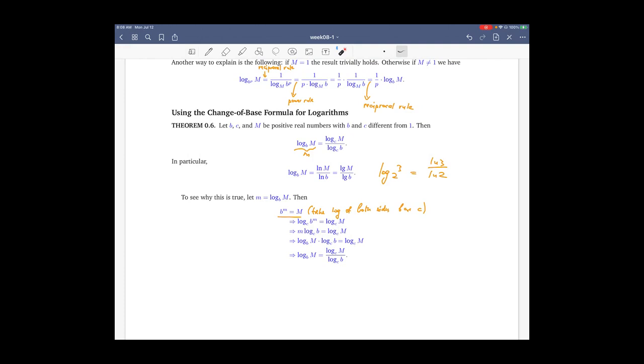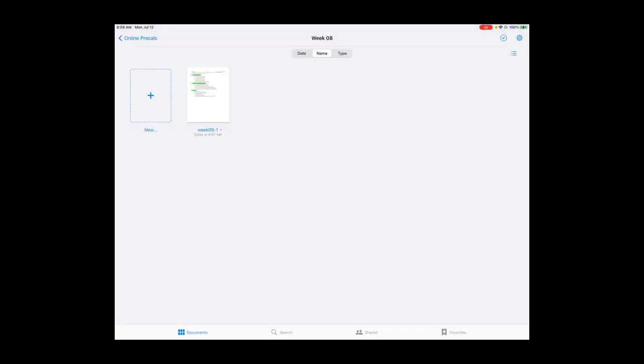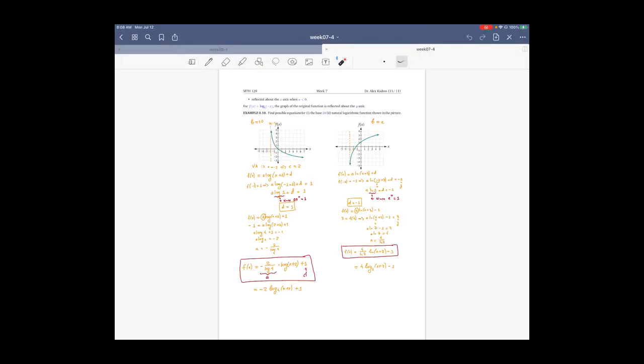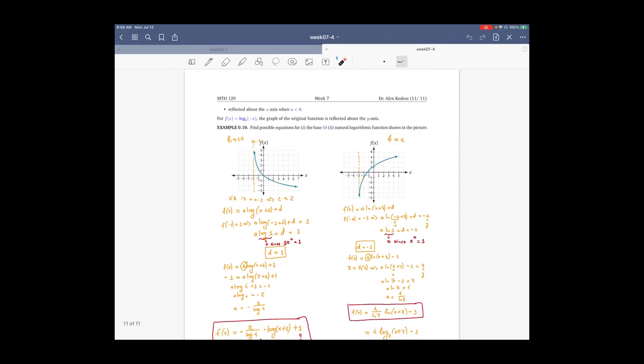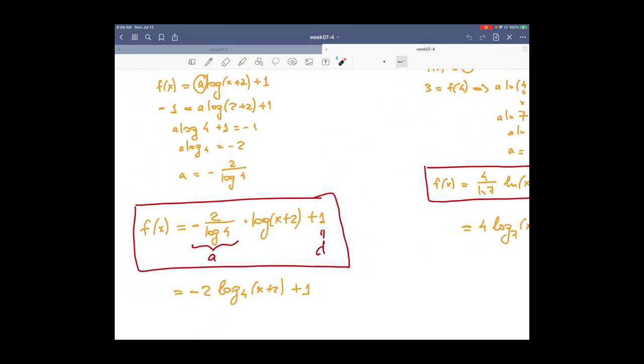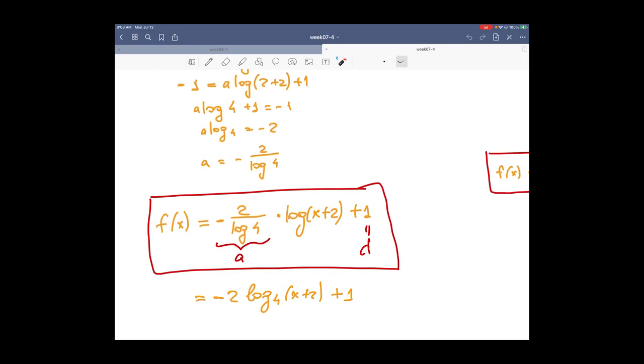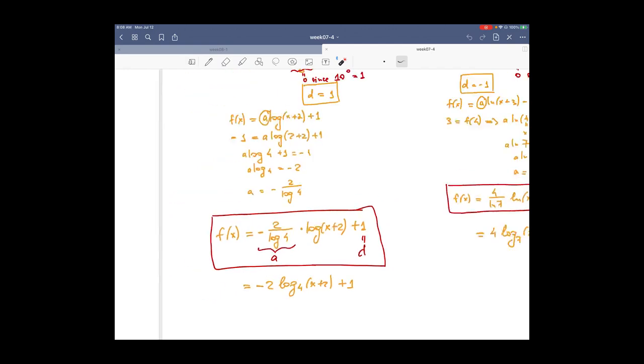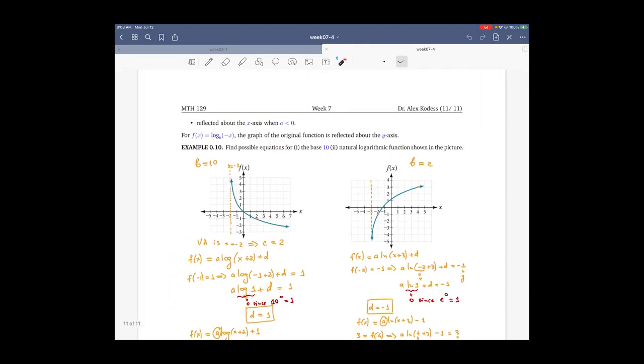We can now go back to the previous week to the problems that we solved in the end. Remember, we had here, for instance, log x plus 2 over log 4. These are both base 10.